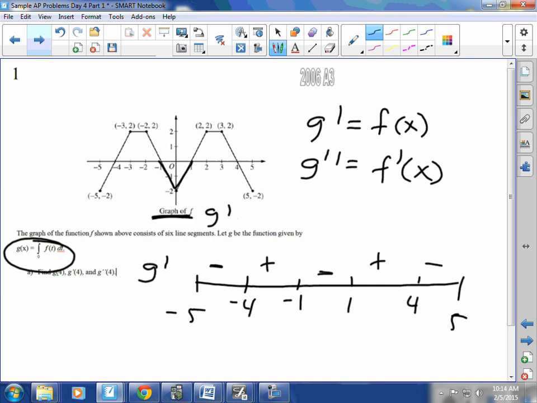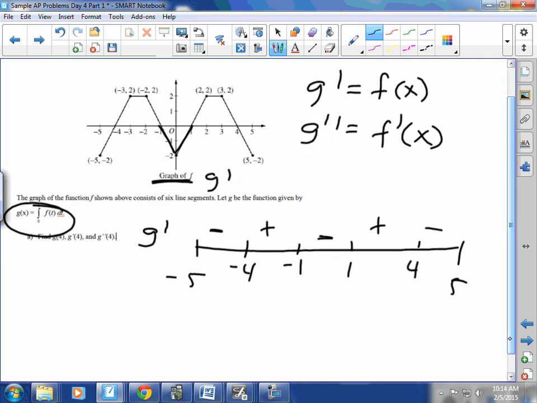Tell me about g double prime. Now let's keep this phrase in mind. G double prime is just the slope of g prime. Initially the slope is positive, that's on its way to -3.